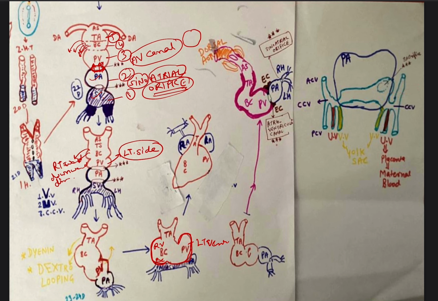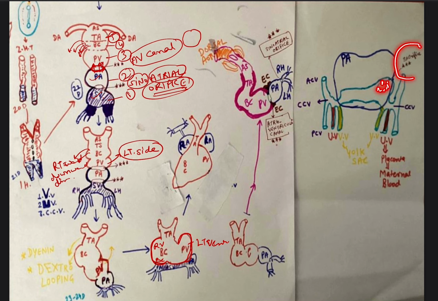Each horn is receiving three sets of vein. Medial one is the umbilical vein. Then the medial-most is the vitelline vein, which is receiving blood from the yolk sac. Then the umbilical vein, and this is the common cardinal vein, which is receiving blood through the anterior and posterior cardinal veins. And what is this?